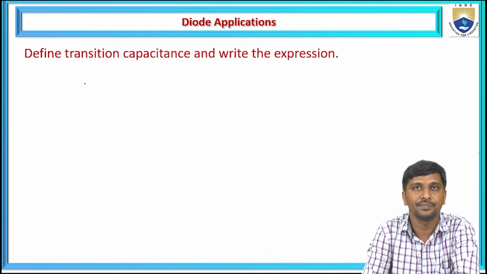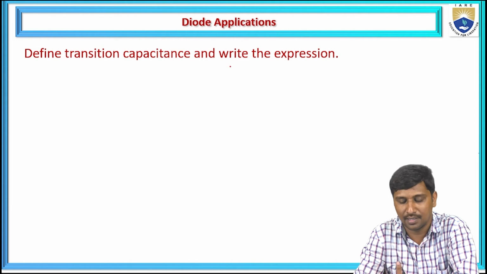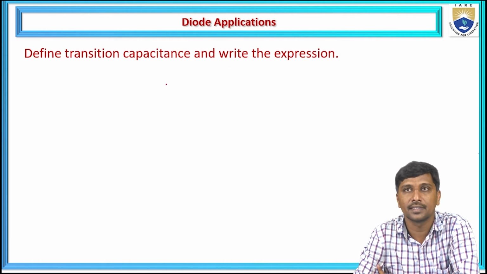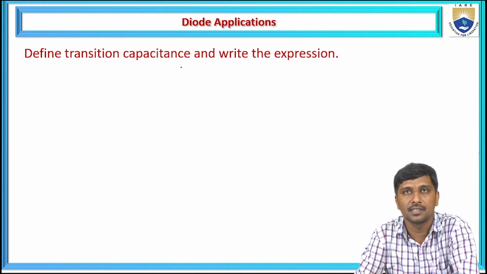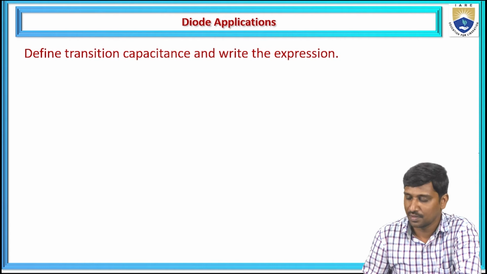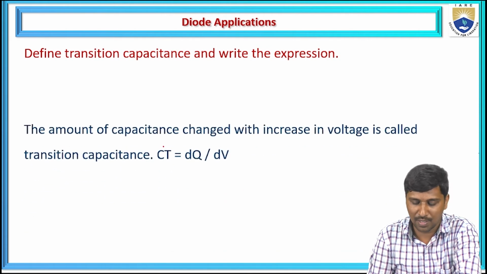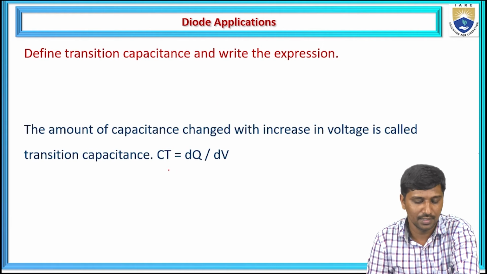Now we'll define transition capacitance and write the expression. What is the transition capacitance? This transition capacitance is observed when the diode is reverse biased. The amount of capacitance that changes with increase in voltage is called the transition capacitance.